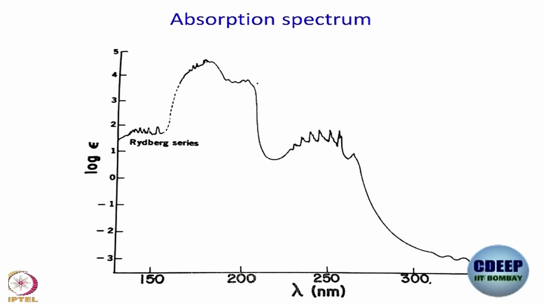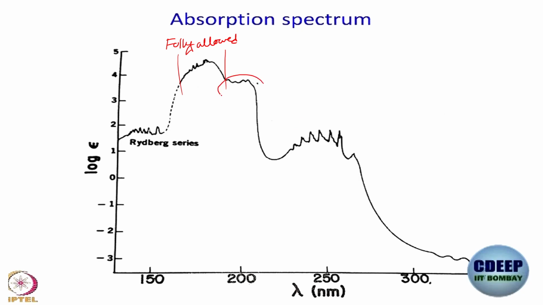This part has a very high epsilon value, which tells us that this part is fully allowed, right? That means this is spin allowed as well as orbitally allowed.